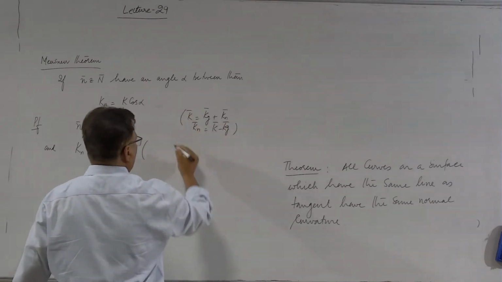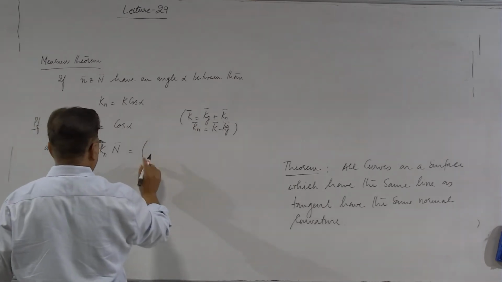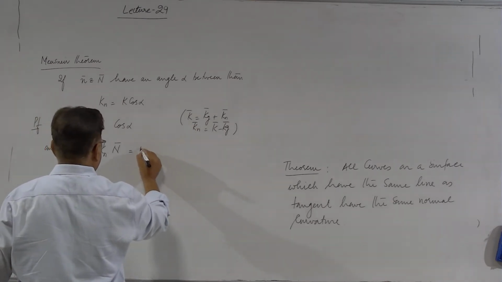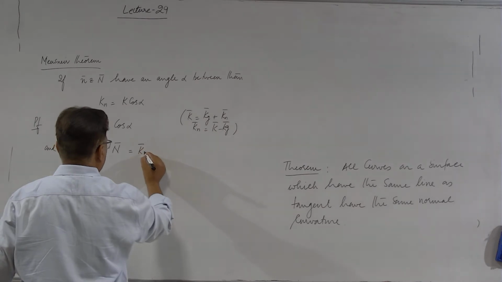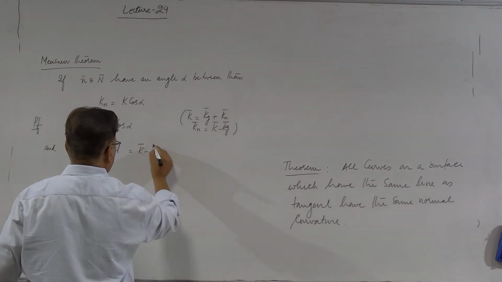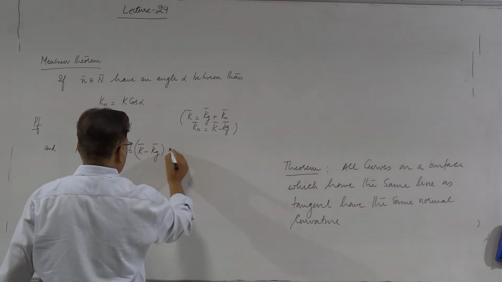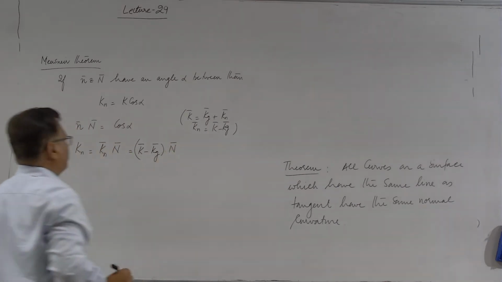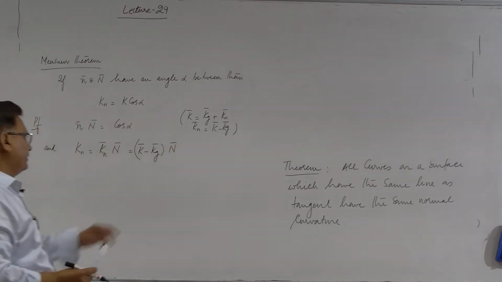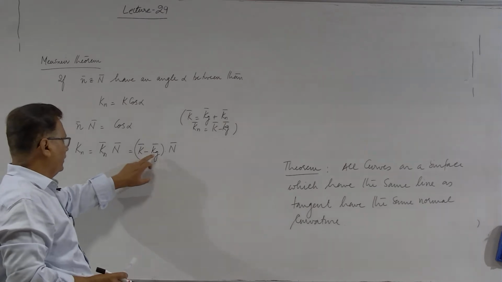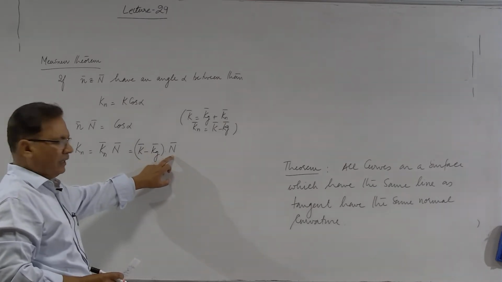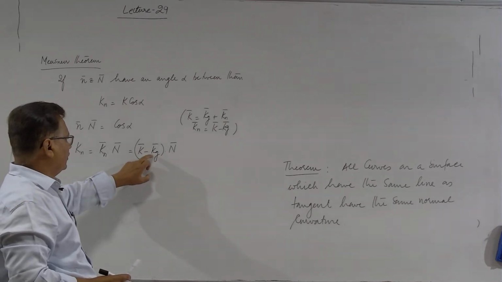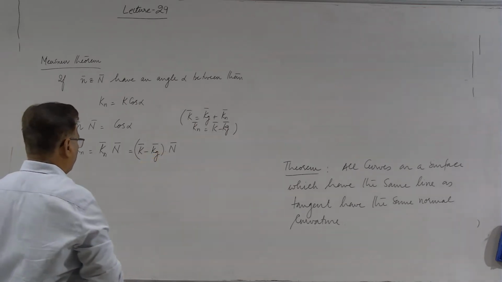So this is K bar minus Kg bar dot N. Kg bar is a vector along u, and u is perpendicular to capital N, that is, the dot product of Kg and capital N will be 0.